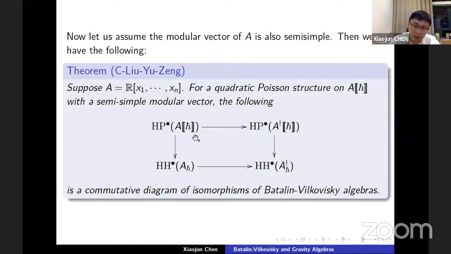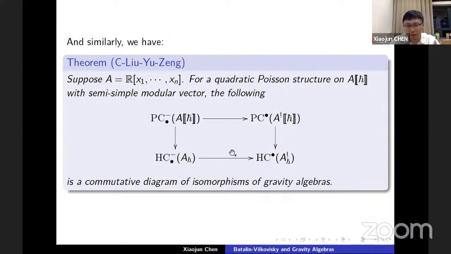As I said, if the modular vector of A is semi-simple, then this one, Poisson cohomology, has a BV. And then the Poisson cohomology of this Frobenius Poisson also has a BV. So they're related by Koszul duality. And then this one is given, the vertical line, by deformation quantization. And then this also is given by deformation quantization. And this one is given by Koszul duality again. This is Koszul duality in the sense of associative algebras. So they are isomorphic as BV algebras.